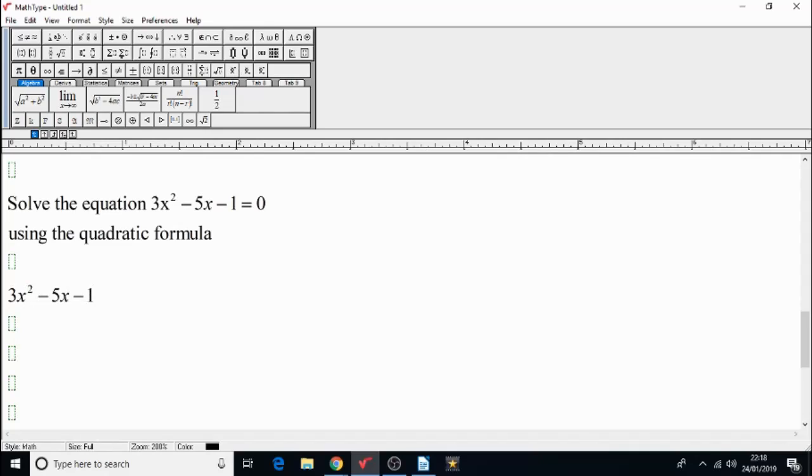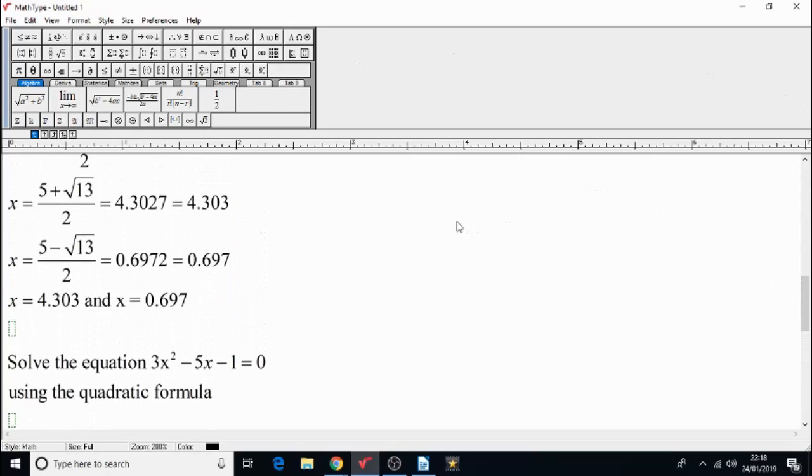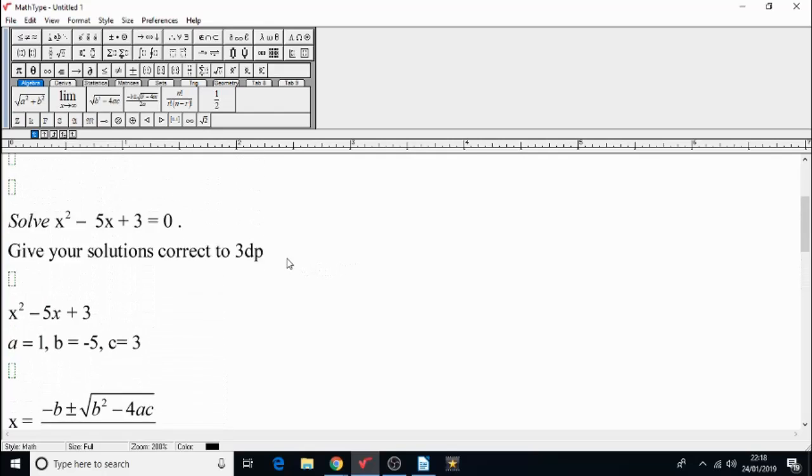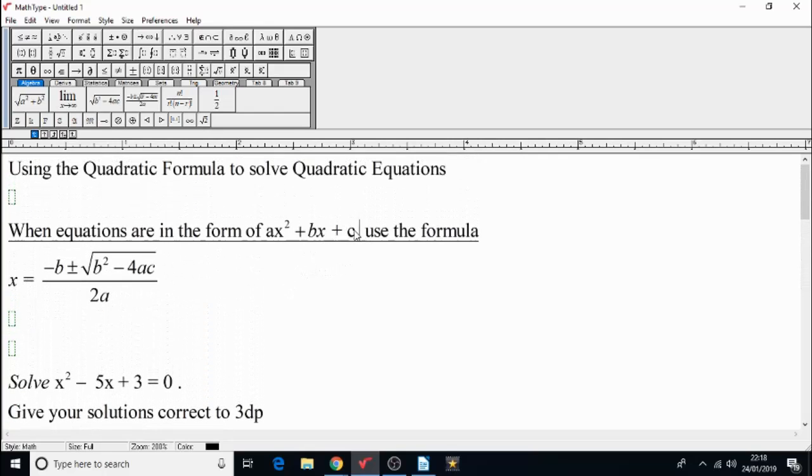I'm going to put down our a, b, c values, because to work out our a, b, c values, the equations are written in the form of this.